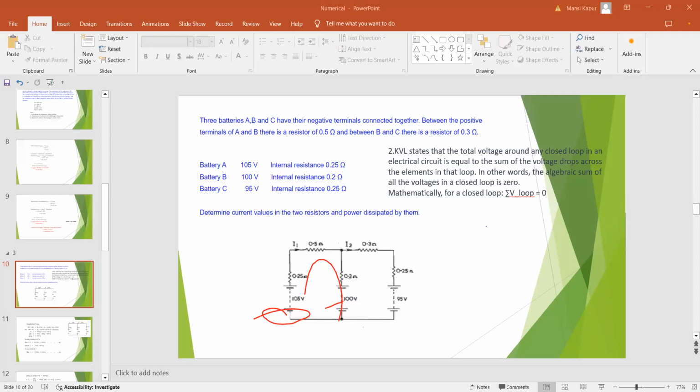Now you are having two variables and two equations. Can you solve these equations? This is pure mathematics, right? So can you just show how to solve?